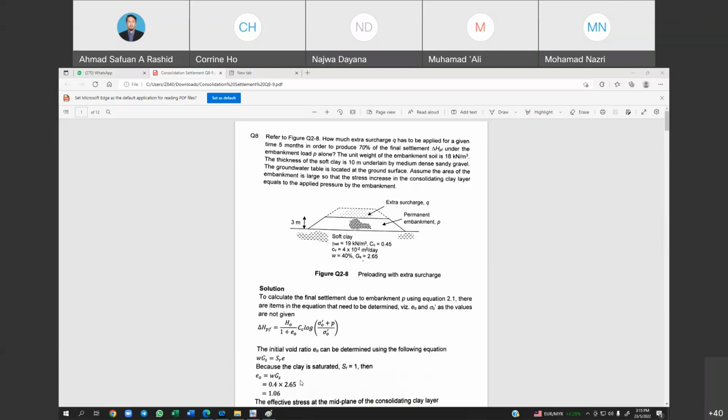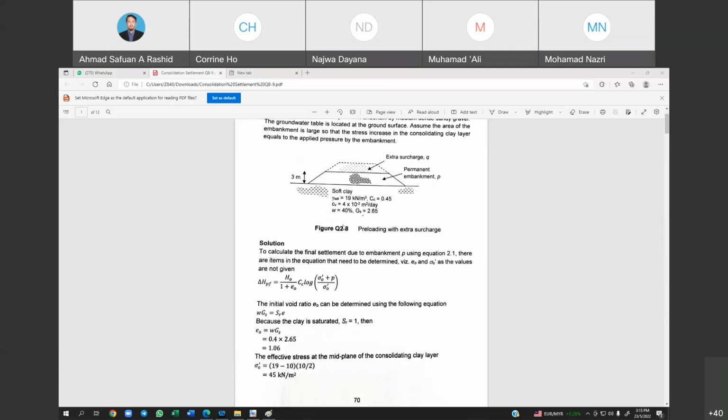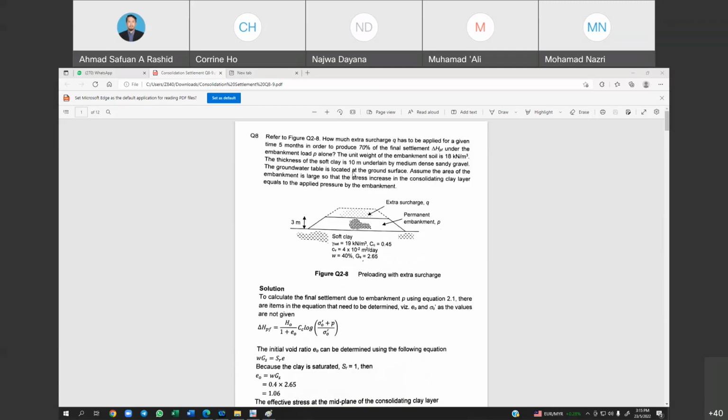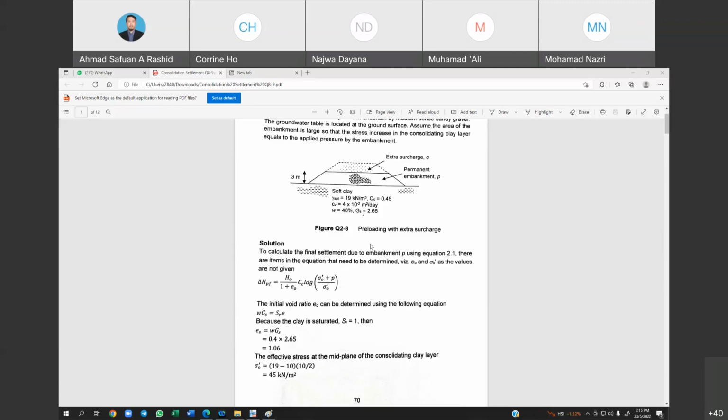And for the mid plane of the clay layer, which is 19 minus 10 times 10 over 2, because the thickness of the clay is 10 meter, the value is 45. That is the additional input that we need to include in the equations.